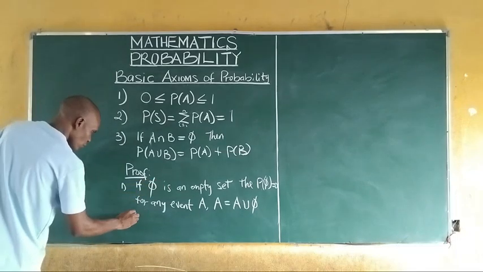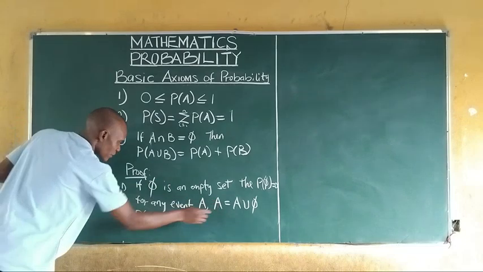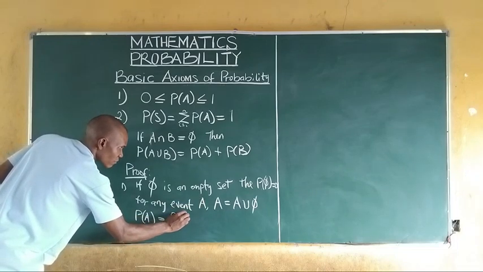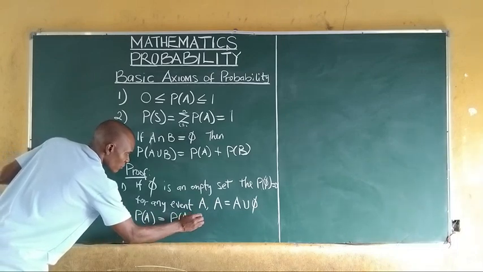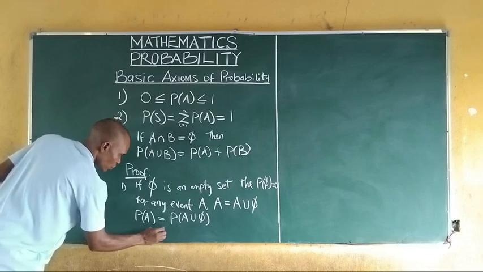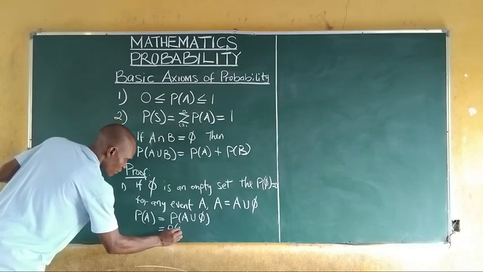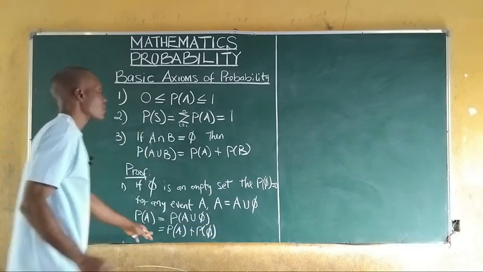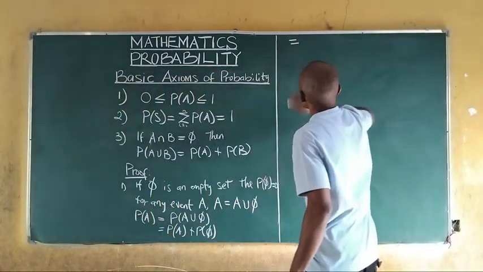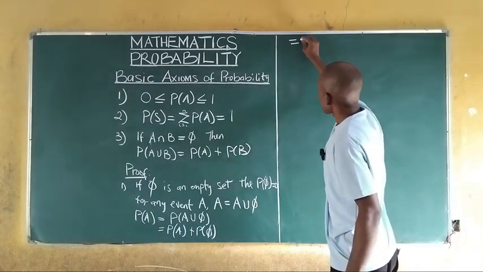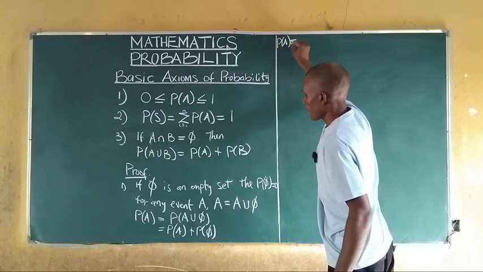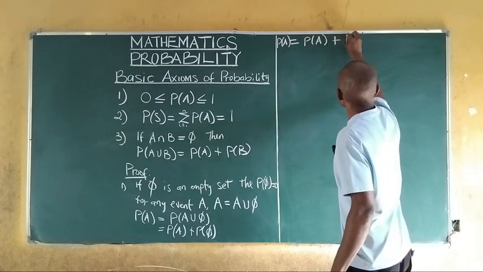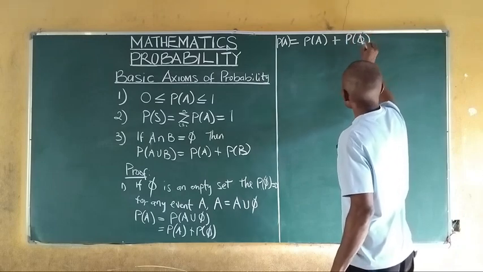So all we need to do is take the probability of A, which is equal to the probability of A union empty set, which is equal to the probability of A plus the probability of an empty set.